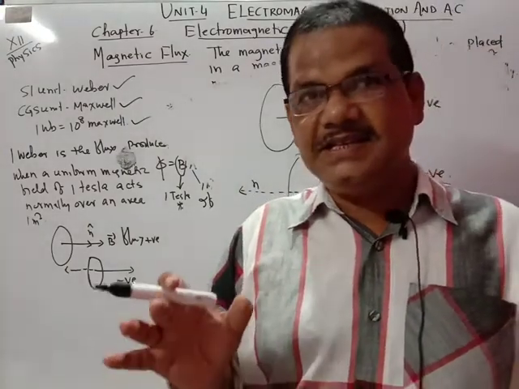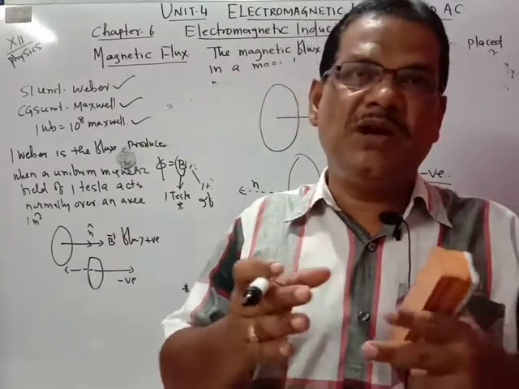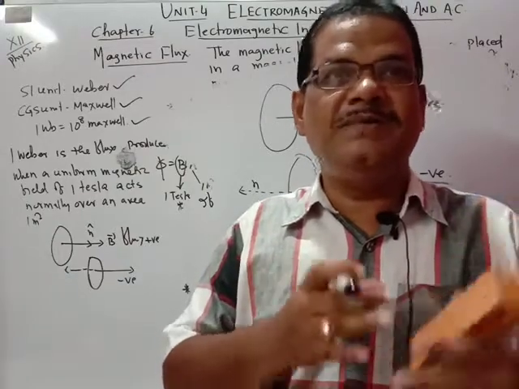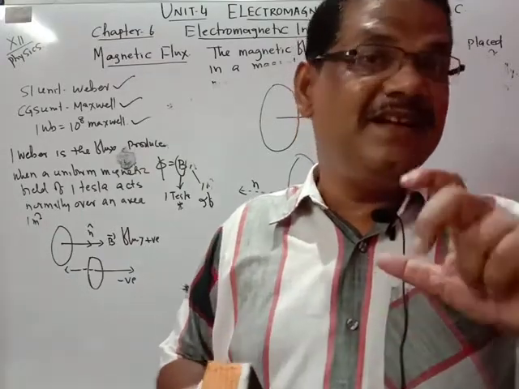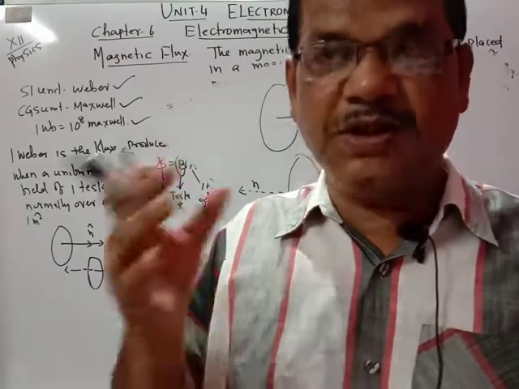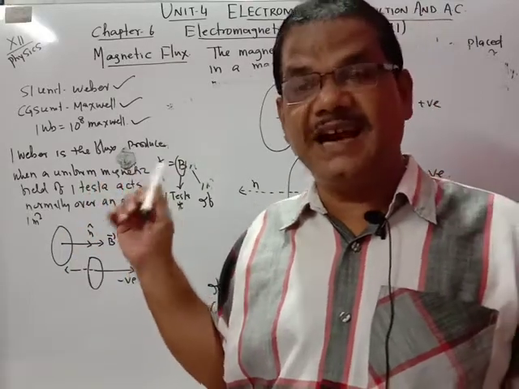And by considering this principle, whenever the magnetic field changes, no doubt the flux produced by the magnetic field will also change. Whenever a change in magnetic flux links to the surface area, in that case we can produce the electric current, because the whole chapter deals with that only.